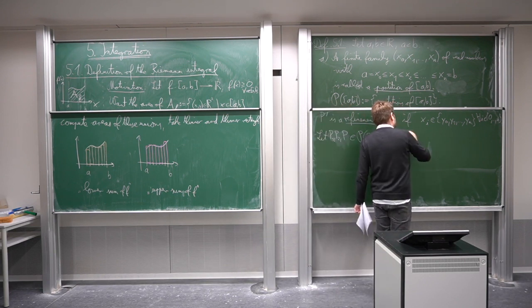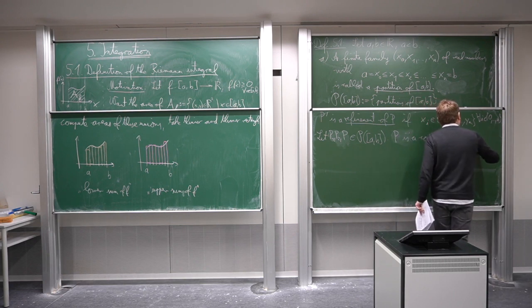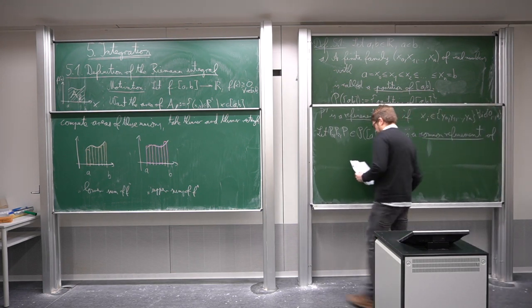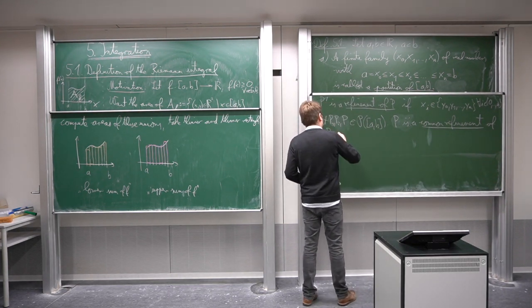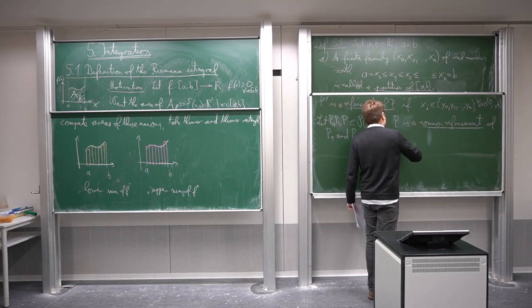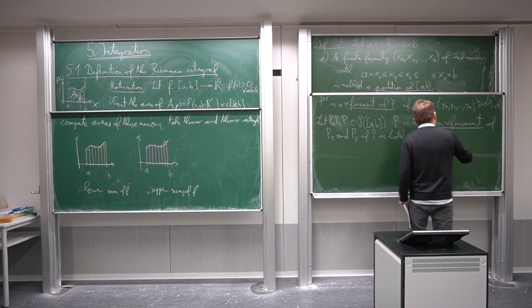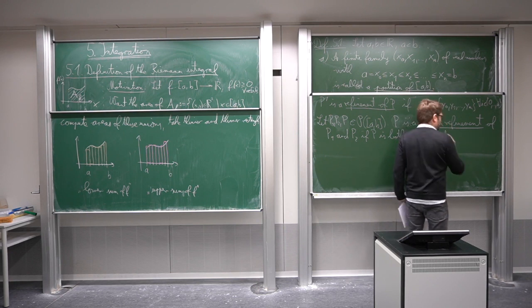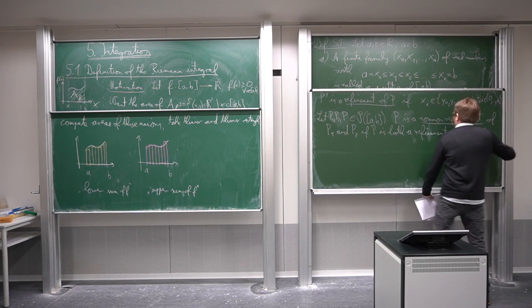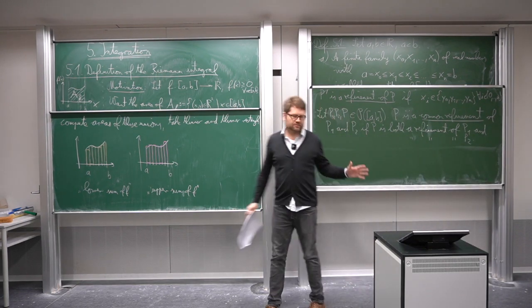We say that P is a common refinement of P1 and P2 if P is both a refinement of P1 and of P2. So it needs to contain everything from P1 and everything from P2, both a refinement of P1 and a refinement of P2.